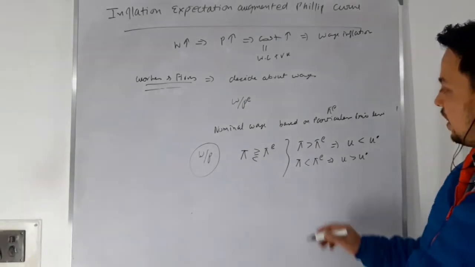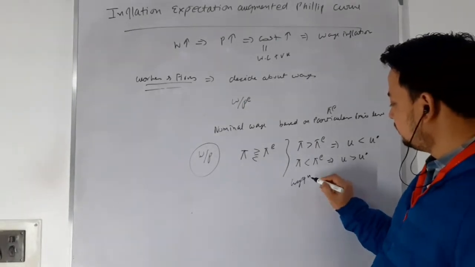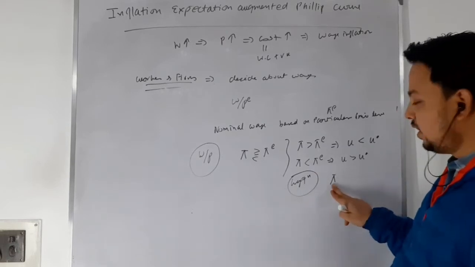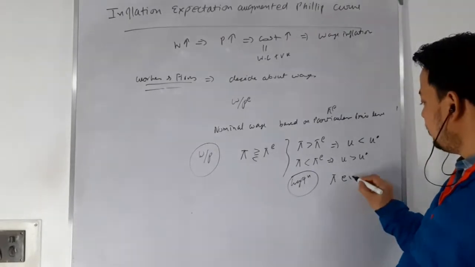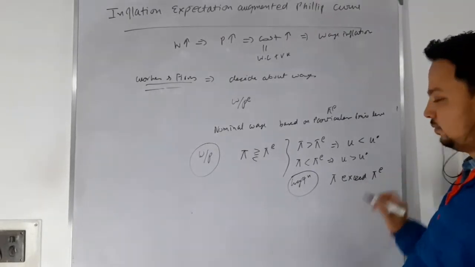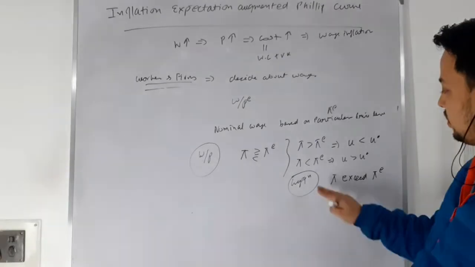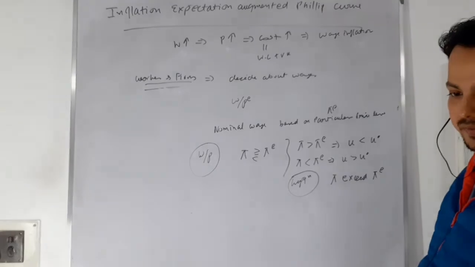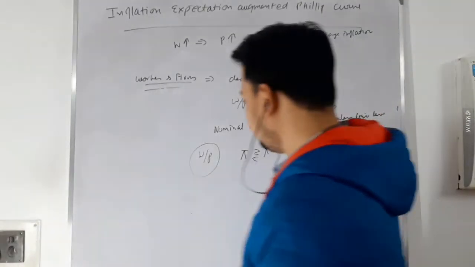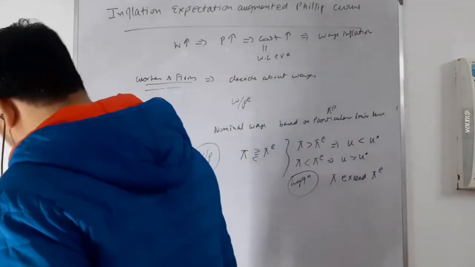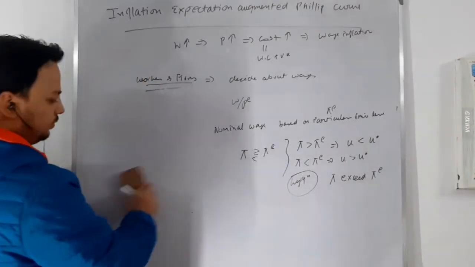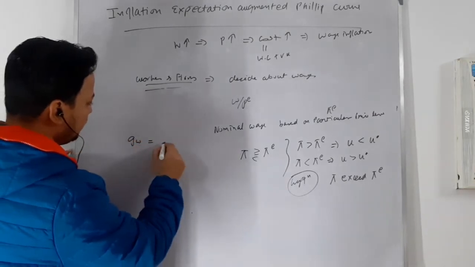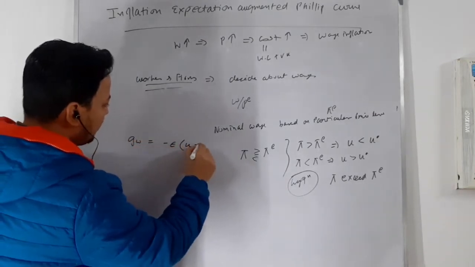So when I am talking about unemployment, unemployment depends on how much your actual inflation exceeds your expected inflation. Now, your original Phillips curve, if you remember, is ΔW/W equal to minus epsilon (u minus u star).